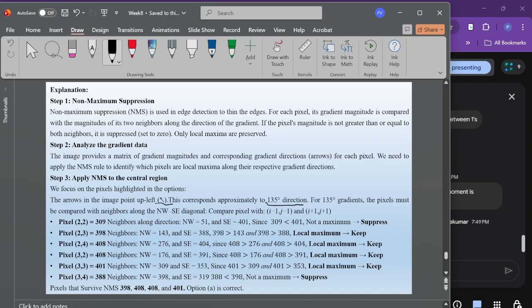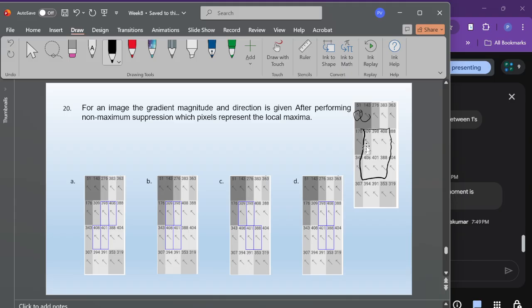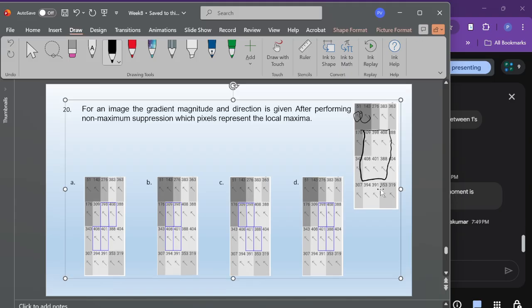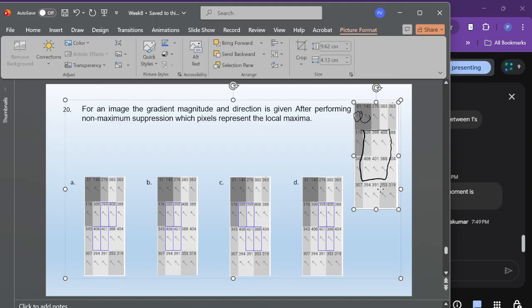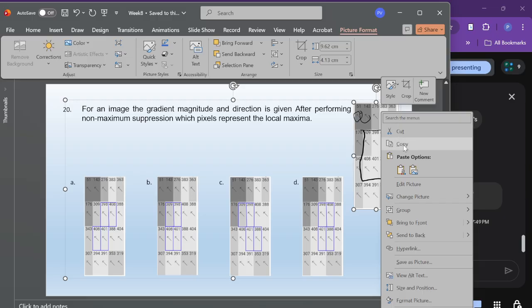So that 135-degree gradient pixel must be compared to the neighbors in the northwest and southeast diagonal. Only northwest and southeast diagonal. Let me just take this image to here, easy to describe.